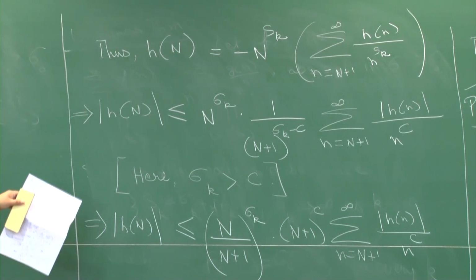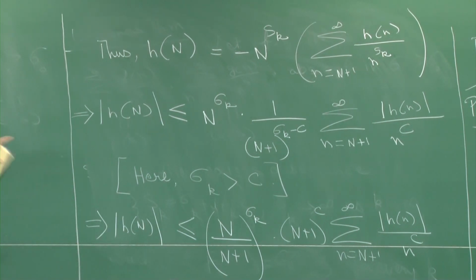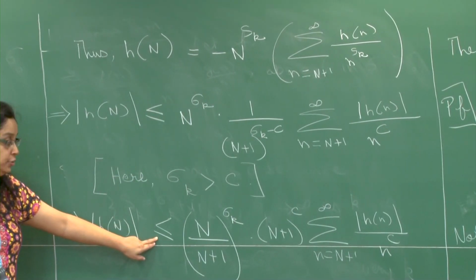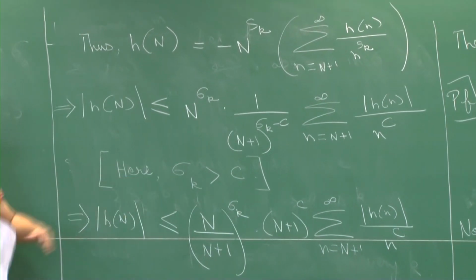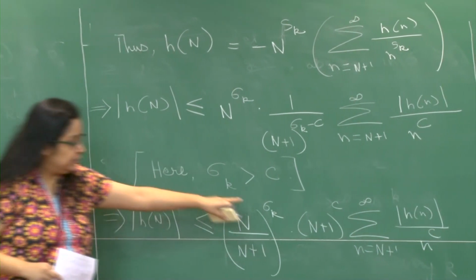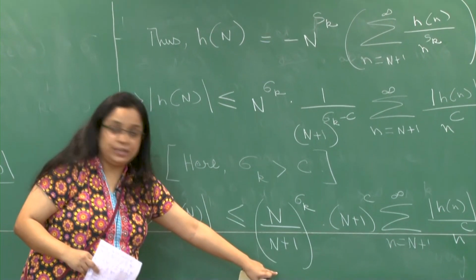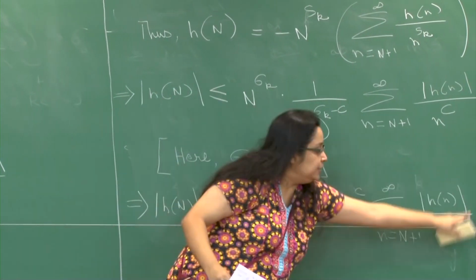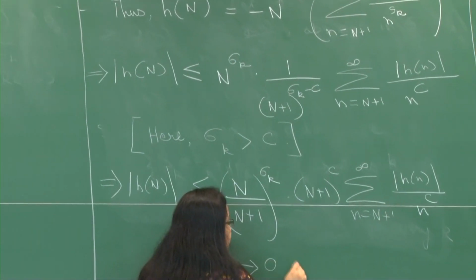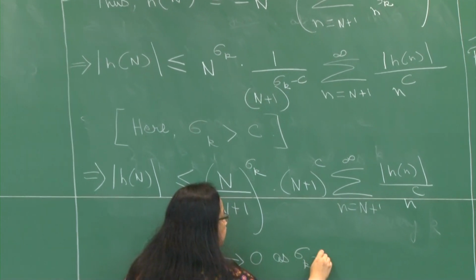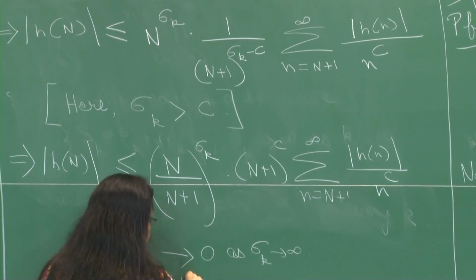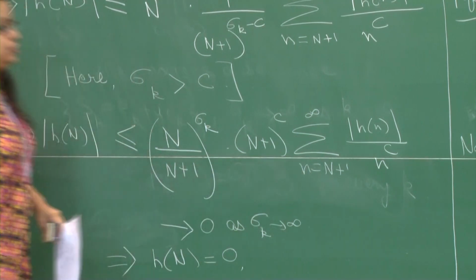So, for capital N as chosen here, we derive that it is less than or equal to this quantity, with your sigma sub k going to infinity. But if sigma sub k goes to infinity, since this ratio is less than 1, this part is going to 0, and this is just some absolute bound here. Therefore, this goes to 0, which means that h of N is forced to be 0, which is a contradiction to our assumption.